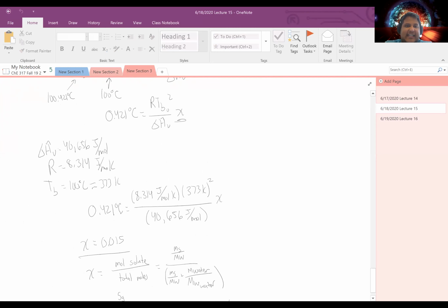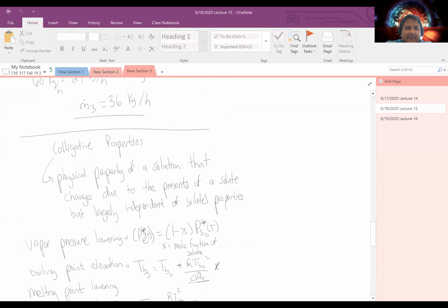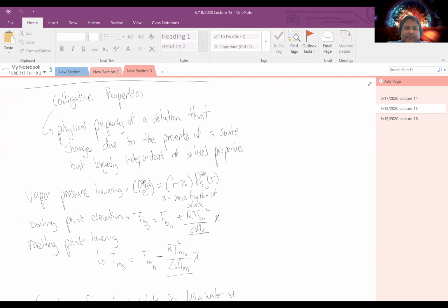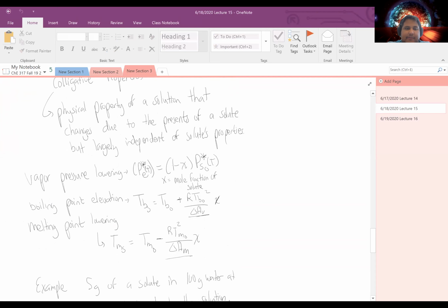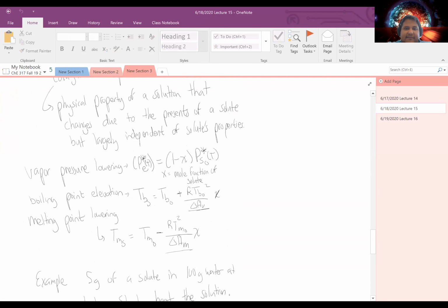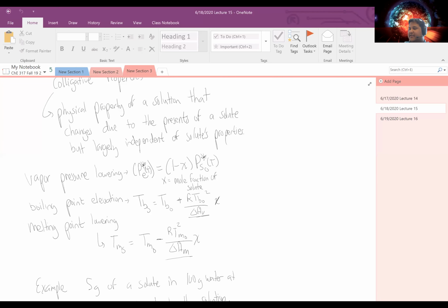And we had kind of ended on the discussion of colligative properties, looking at manipulations in vapor pressure, boiling point, and melting point as a function of solute concentrations as measured by mole fraction of solute.